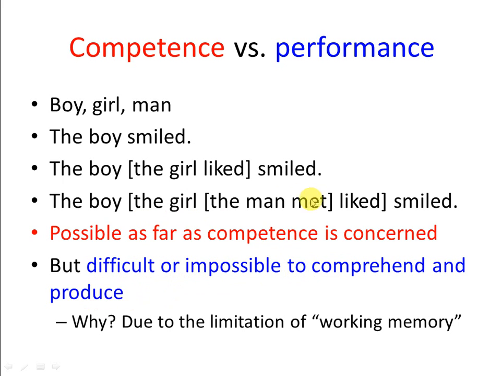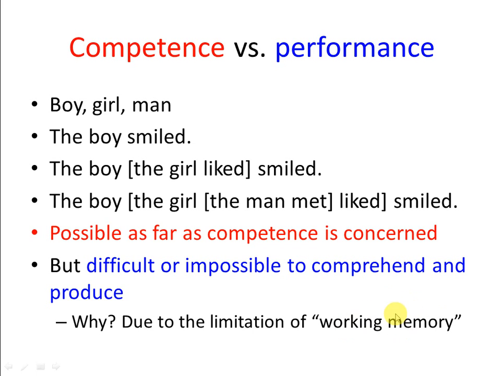We can't really understand this, and we usually can't produce this kind of sentence. So in terms of performance, this is not possible, or at least extremely difficult. Why is it so difficult? Why is it impossible? It's due to the limitation of working memory. If you are not familiar with working memory, please look it up, maybe not in the dictionary, but on the internet.